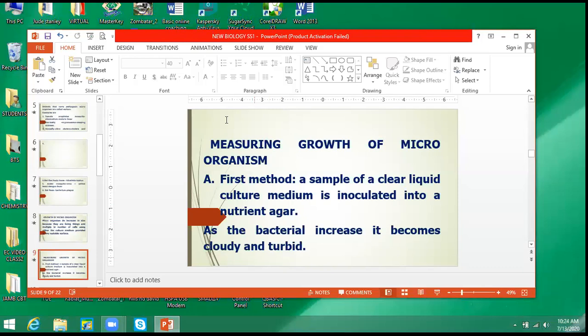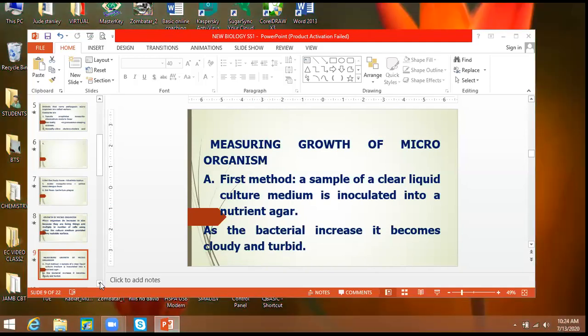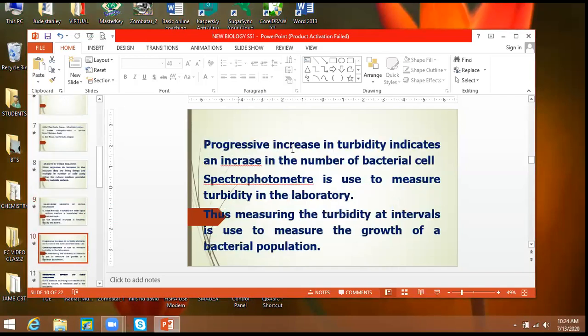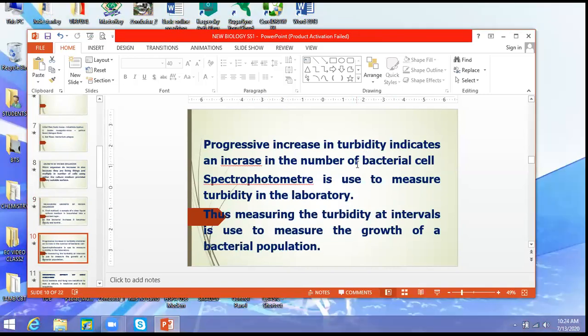As the bacteria increase, it becomes what? Cloudy and turbid. Now, progressive increase in turbidity indicates an increase in the number of bacterial cells.